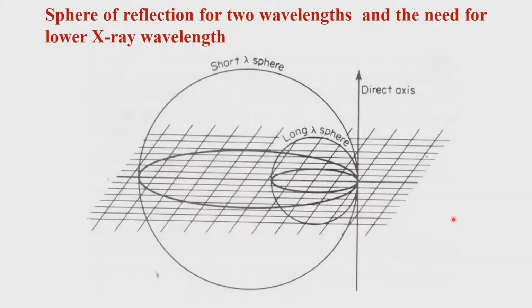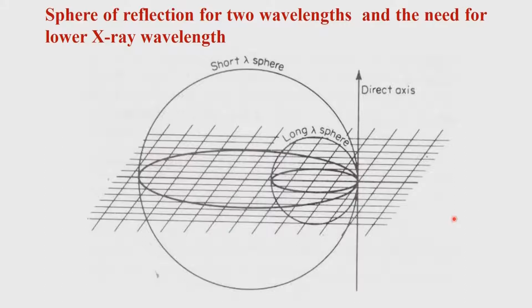So copper radiation will be 1.542 angstroms. So that will give rise to a reciprocal lattice of a certain volume and dimensions. And the corresponding Ewald sphere which we construct will be 1 over lambda. So it will be 1 over 1.542.